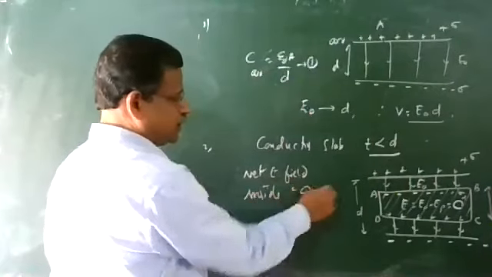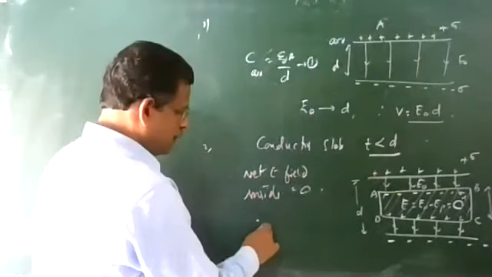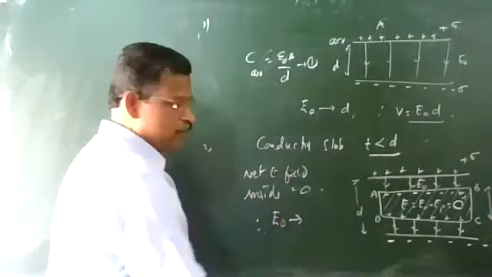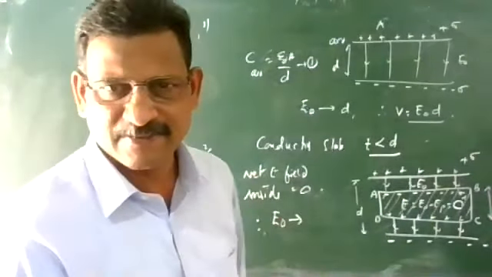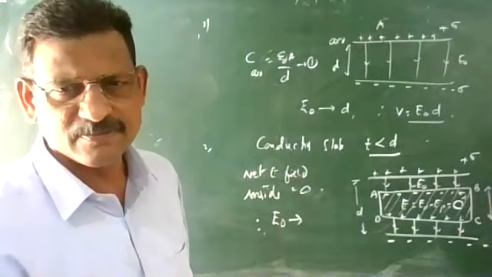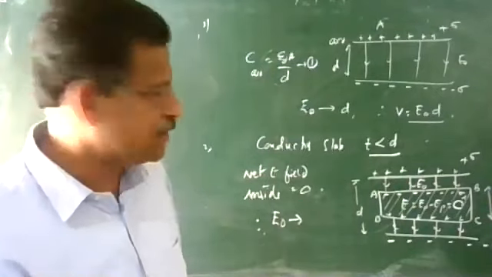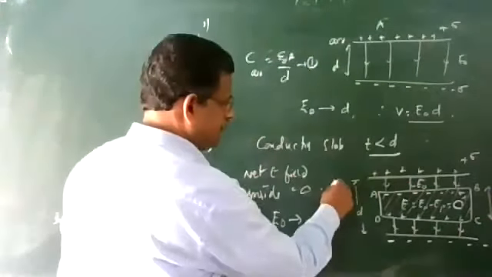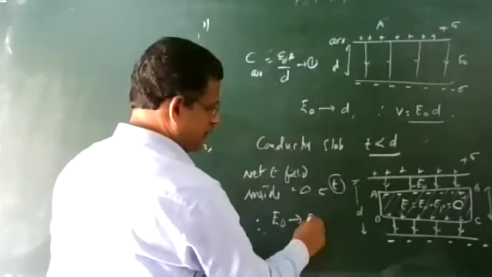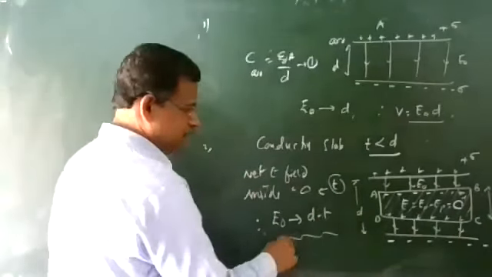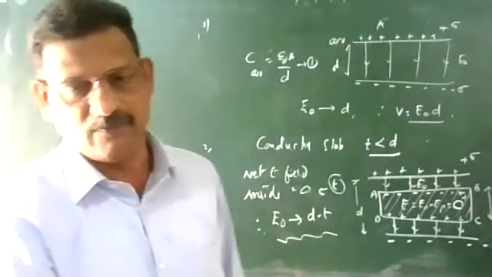So the electric field exists only in the upper and lower gaps. Electric field E naught exists only in those portions, outside the slab. Inside the conductor it is always 0. Over the length t the electric field is 0. The remaining distance is D minus t. So the electric field exists only over the region D minus t.